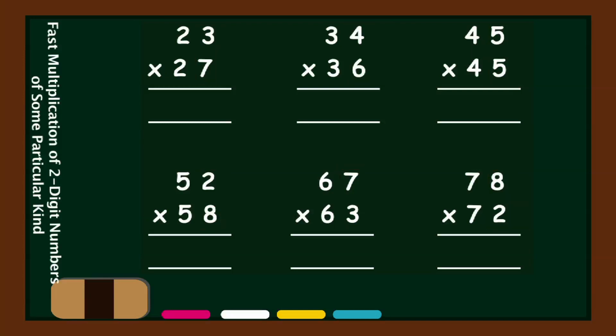But 3 plus 7 is 10, 4 plus 6 is 10, 5 plus 5 is 10, 2 plus 8 is 10, 7 plus 3 is 10, 8 plus 2 is 10. Means the sum of the digits in ones place is 10. So here the digits in tens place are same and the sum of the digits in ones place is 10. We can do these problems easily.